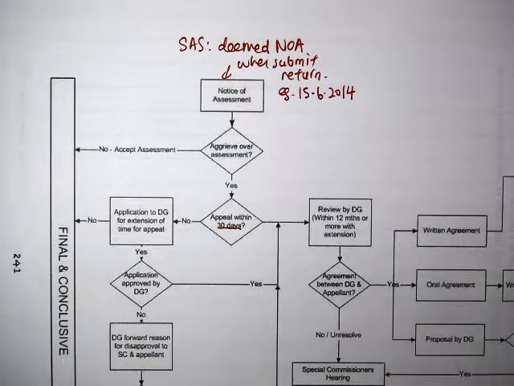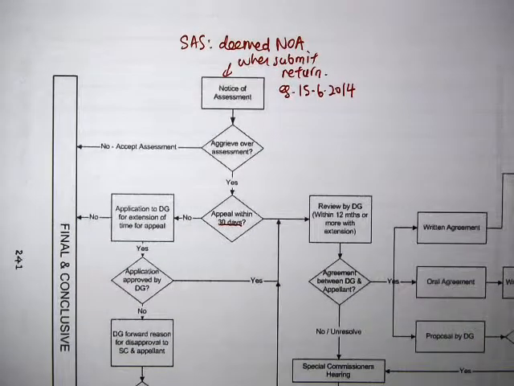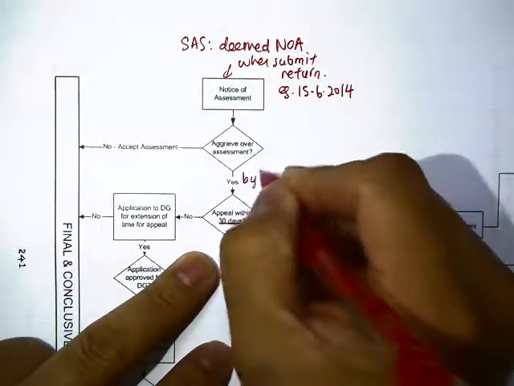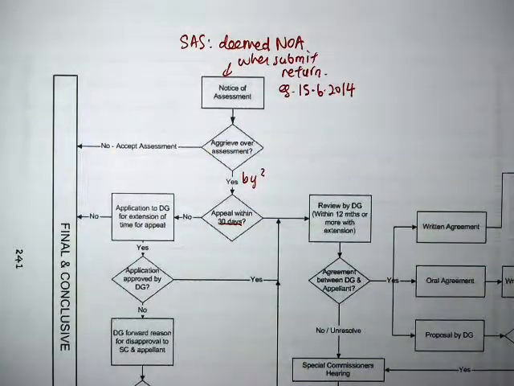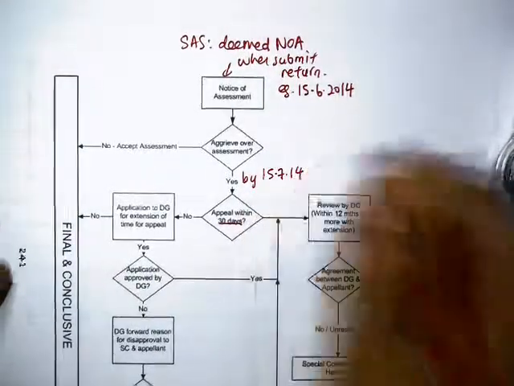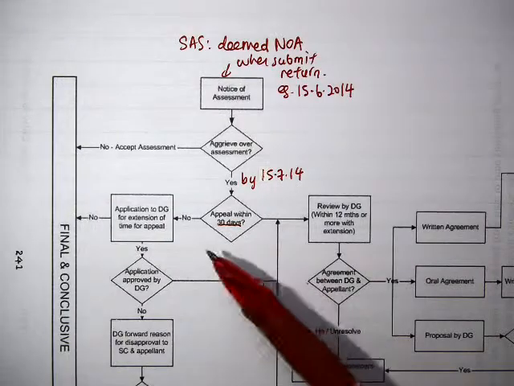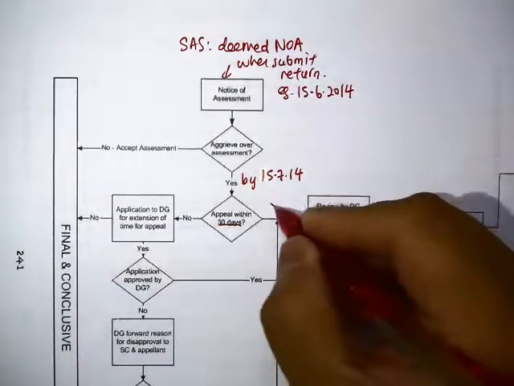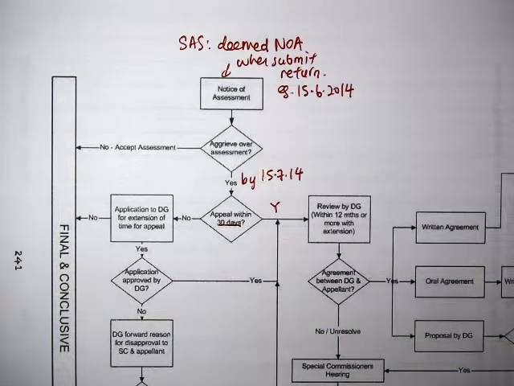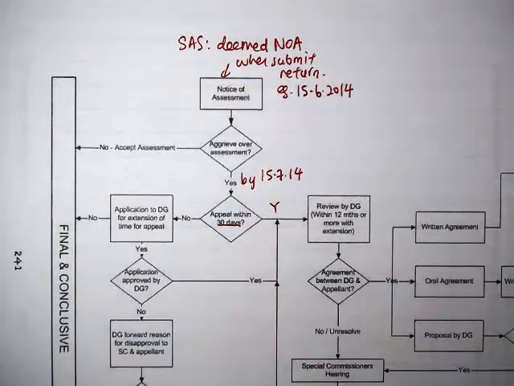That means 30 minus the 15, you got 15 days. So 15 plus 15. That means you have to appeal by 15th of July 2014.